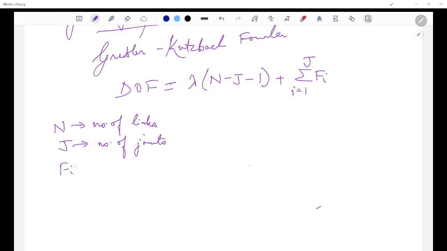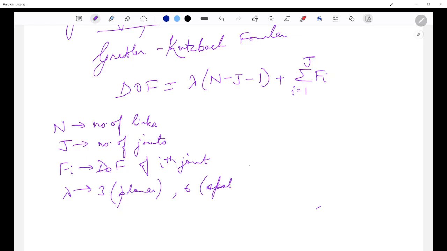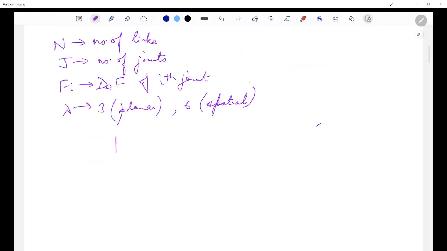Fi is the degree of freedom of the ith joint, and lambda is 3 for planar and 6 for spatial. Right? So for our 4 bar example, let's see what it is.